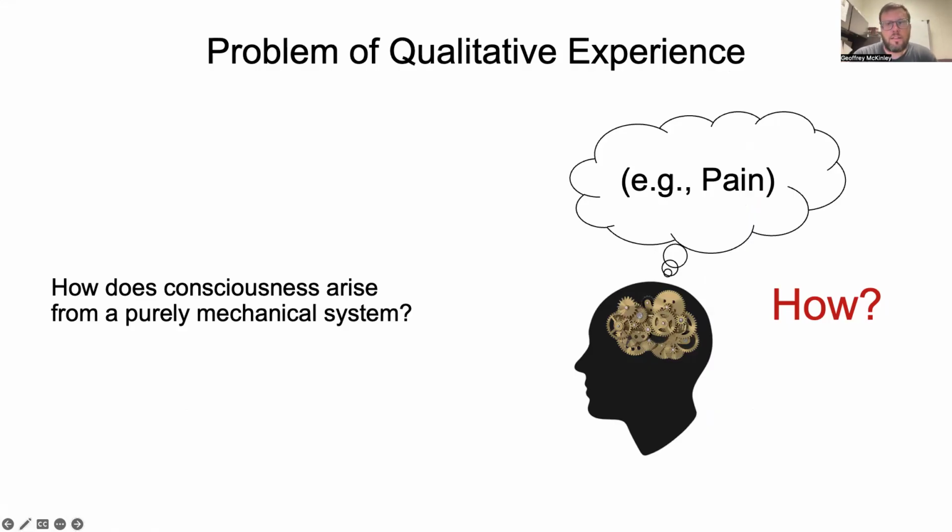The question is, how does a state of awareness arise from a purely mechanical system? Not only is it difficult to understand how a mechanical process could lead to a sense of meaning, but it's also not clear how a purely mechanical process could lead to consciousness.